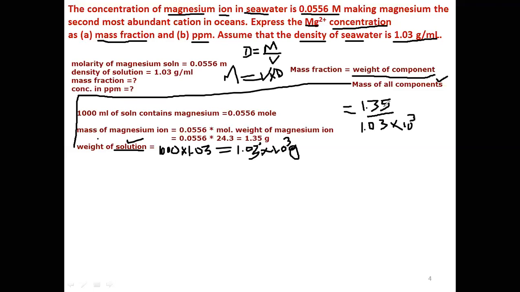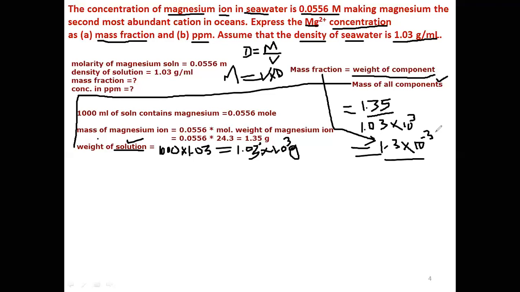If we approximate this as 1, we can write it as approximately 1.3 into 10 raised to the power minus 3. So this is the mass fraction.